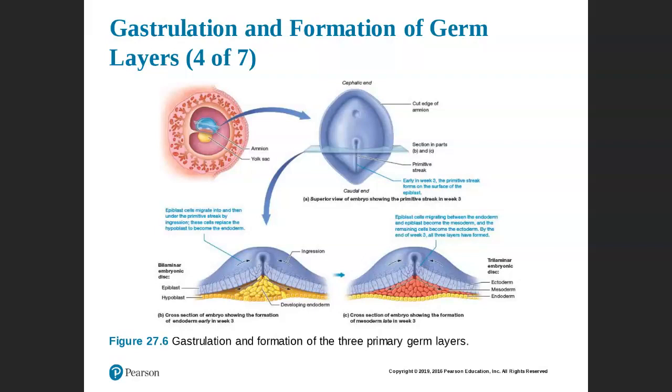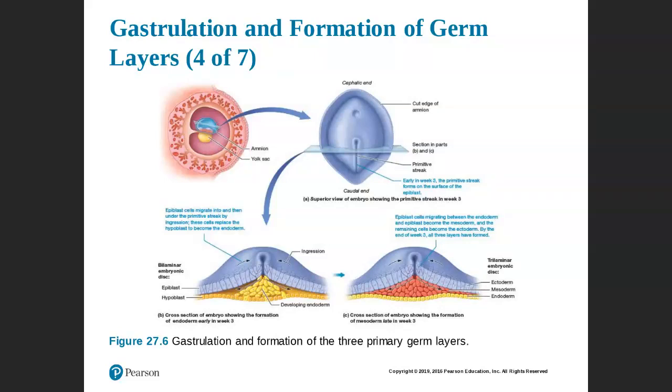This is the primitive streak right here. Those cells then replace the hypoblast and become the endoderm. This is the hypoblast down here, and this is the developing endoderm. So the endoderm will become the lining of the GI tract, the lining of the GU tract, and the lining of the respiratory tract.